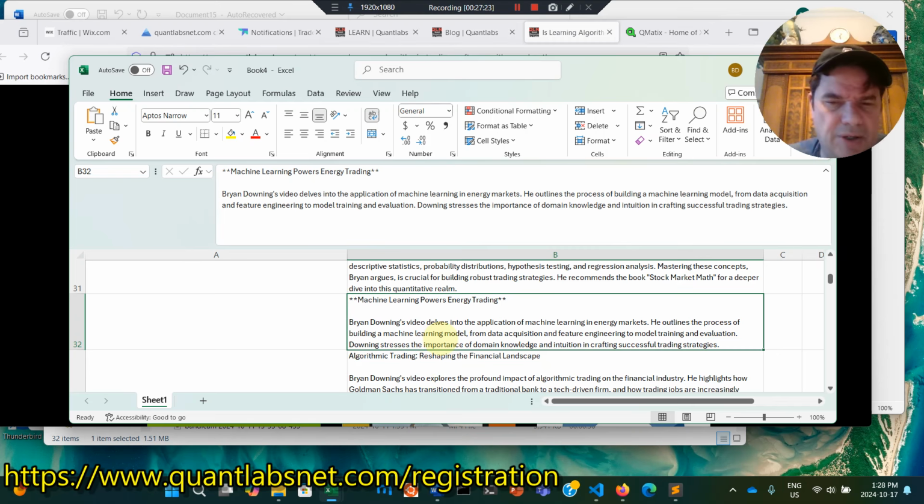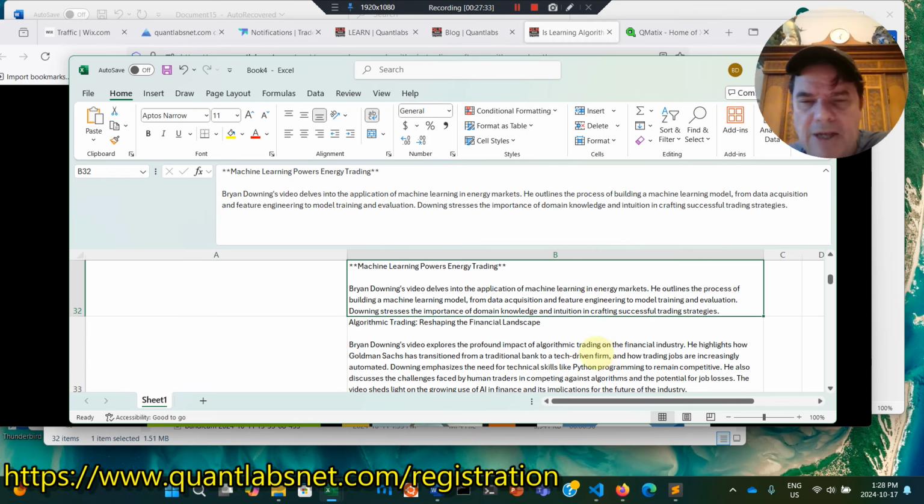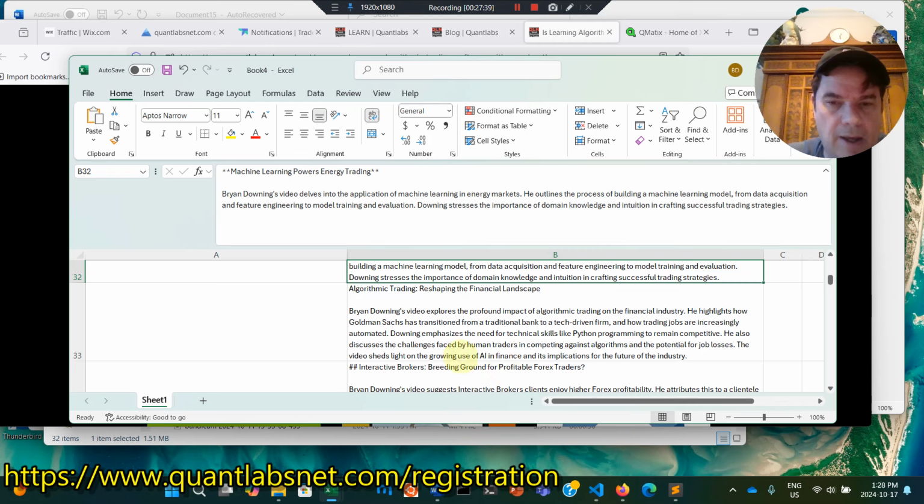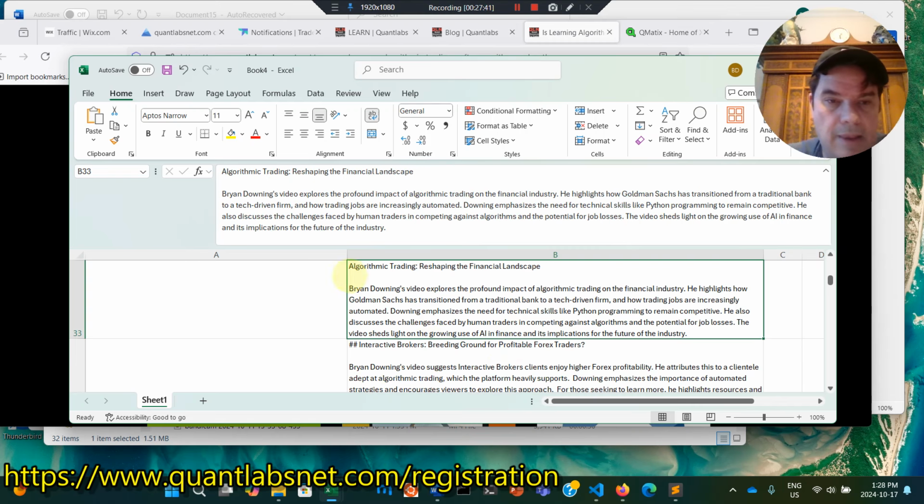That's all pretty well done in MATLAB. I stress the importance of domain knowledge and intuition in crafting these kinds of trading strategies. This again is built for the energy space, if you want.